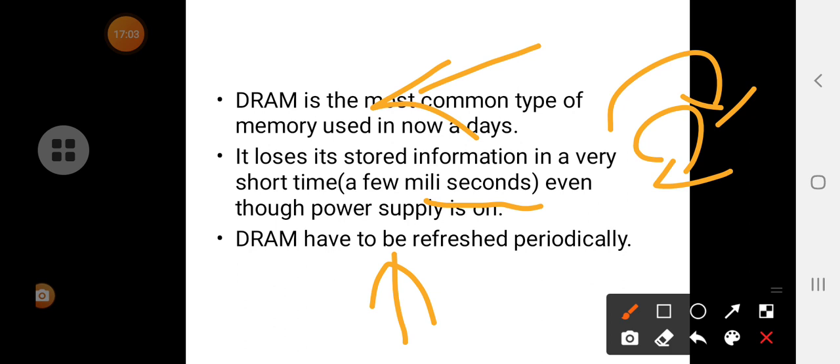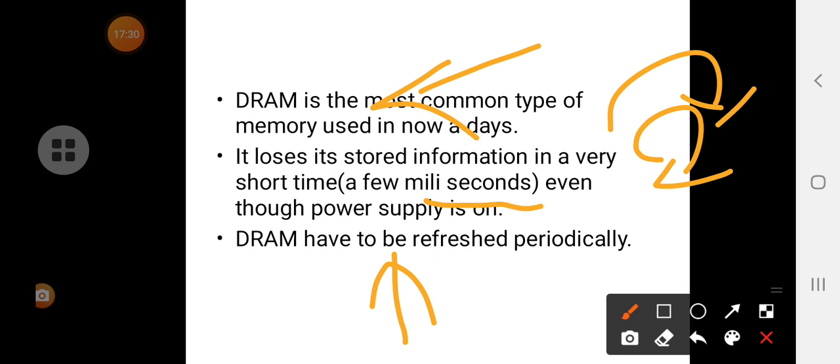It stores the information for only a few milliseconds, even though the power is on. So it loses its instructions in a short time.